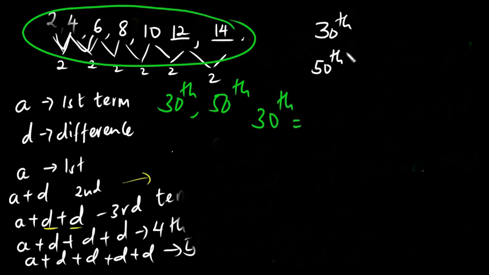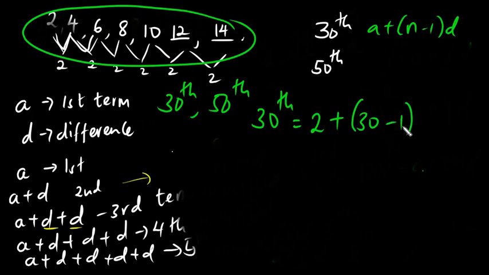When we use that formula, A plus N minus 1 times D, A is the first term. The first term of this sequence is 2. And then we add N minus 1, which is 30 minus 1, and then we multiply by D, which is the common difference. D is 2, the difference between any two consecutive numbers.